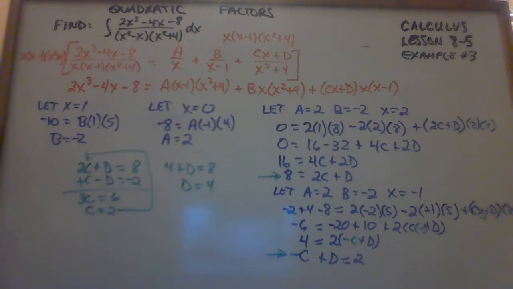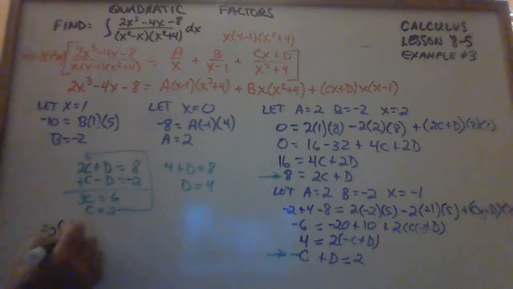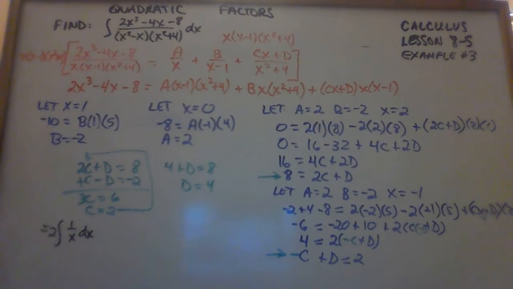Okay, so I can go back into this equation, and I can write my new integral. My new integral is going to equal, okay, a over x. So a was 2, so I'm just going to put the 2 out here, 1 over x dx. Okay, b is negative 2, so I'm going to factor that out, times the integral of 1 over x minus 1 dx.